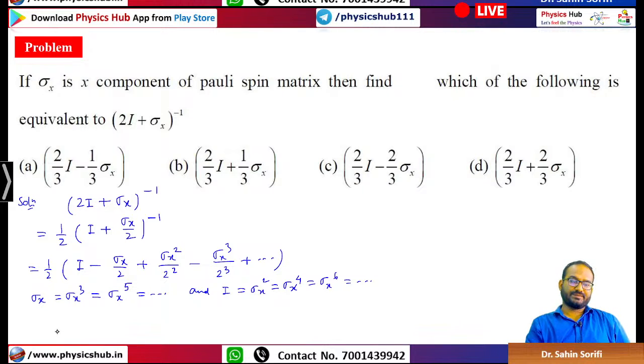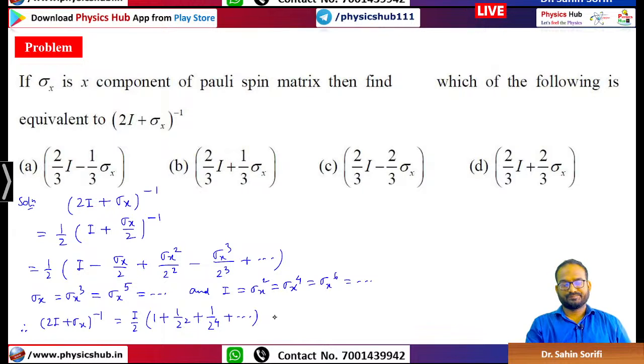So what can you write? We can write that (2I + sigma x) inverse is equal to, if I take I common, I by 2, 1 plus sigma x square, which is identity again, by 2 square, plus sigma x to the power 4 by 2 to the power 4, and so on.